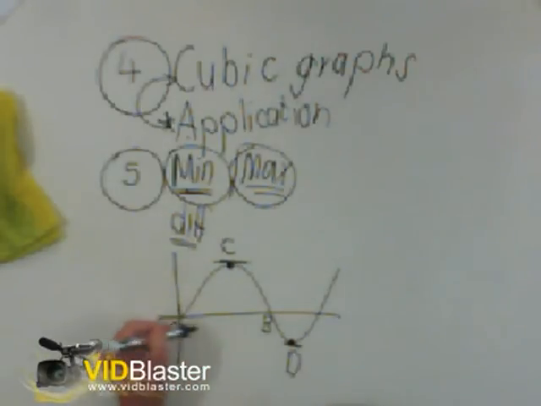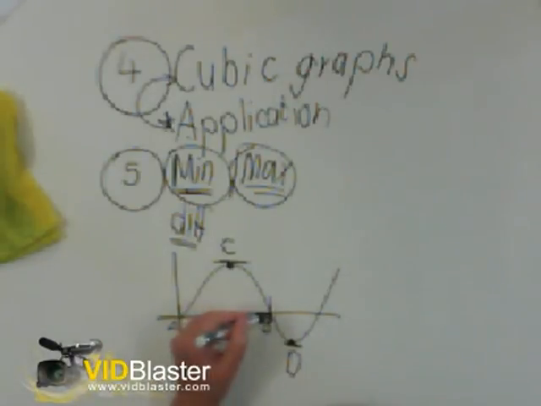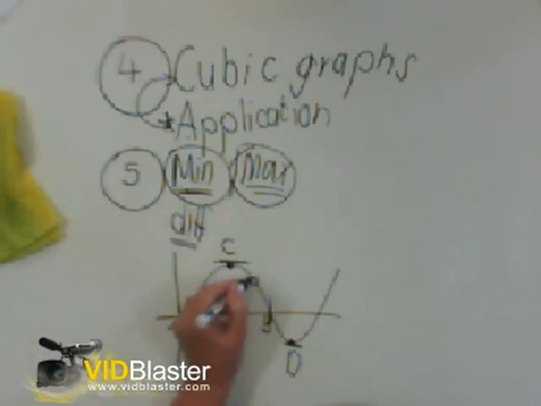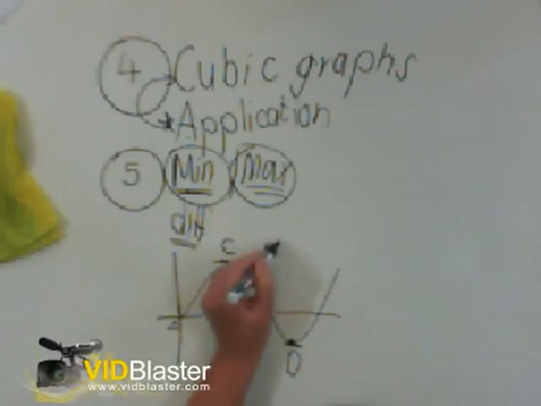Your teacher can ask the distance from A to B. And that would be your x-intercepts. Your teacher can ask you to calculate the point of inflection, which is very important. And a lot of pupils struggle with that, because that is the double derivative.